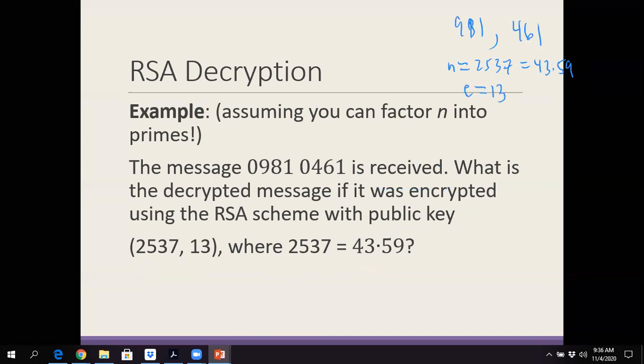Notice, what have I not told you here? The decryption key, the private key, has not been told to you. But since I know the primes, guess what I can concoct on my own? A private key. So let's go do that.